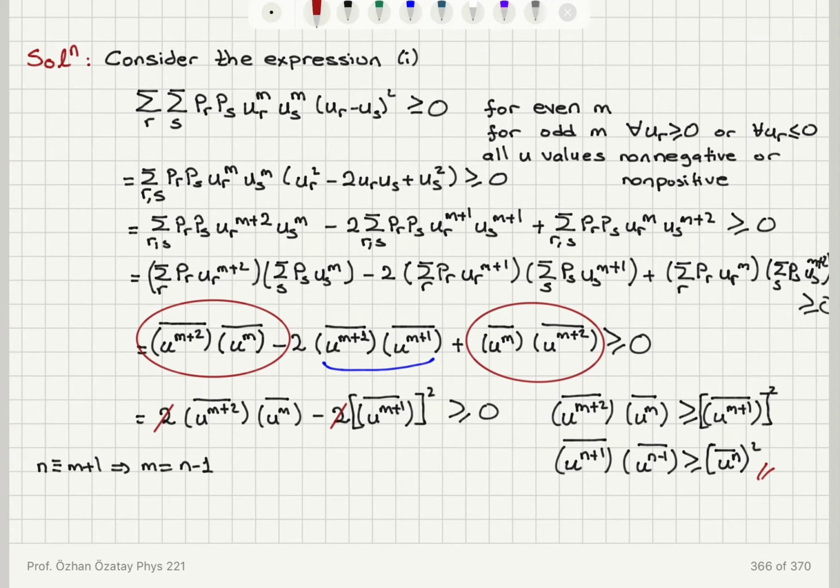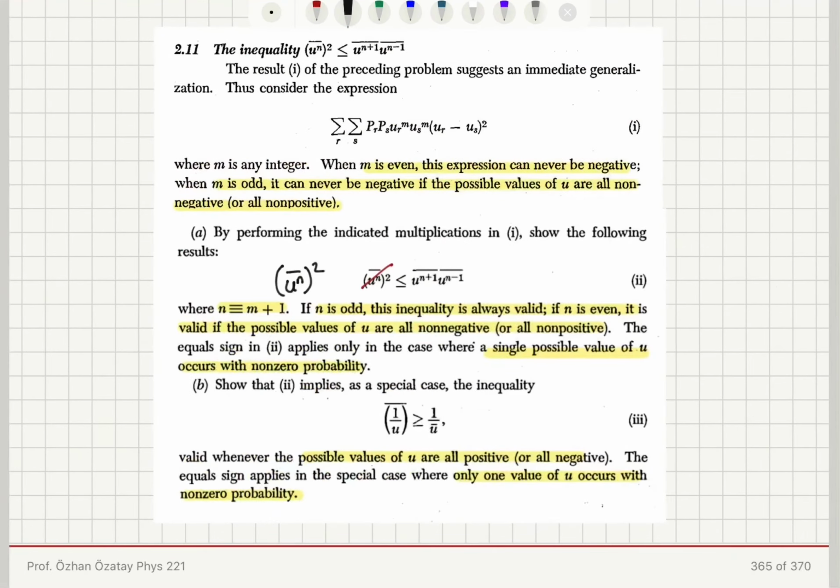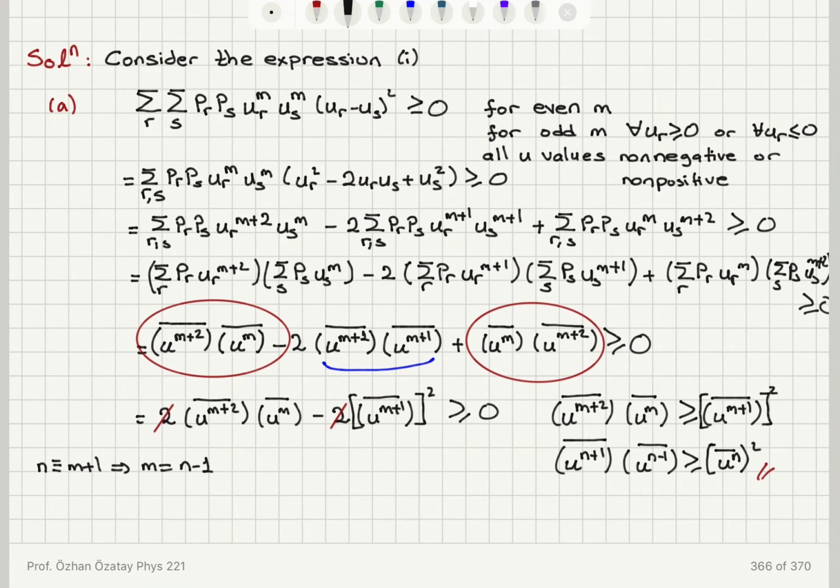So we have gone through this expression and we have shown that this is the case. Now the problem says this is going to hold if n is odd. So if m is even, so you can see the condition was given as for even m. So if m is even, we have n is odd. So this is true for odd n. And if m is odd, we have n is even.